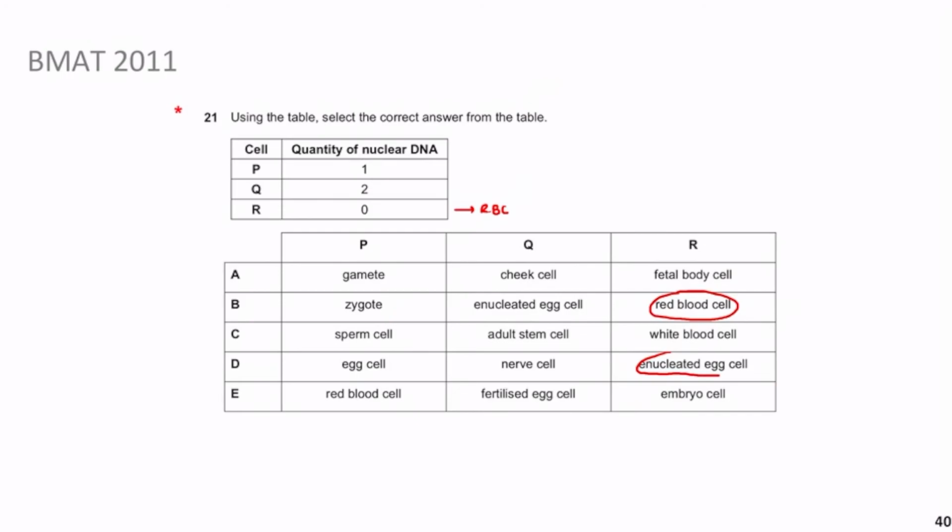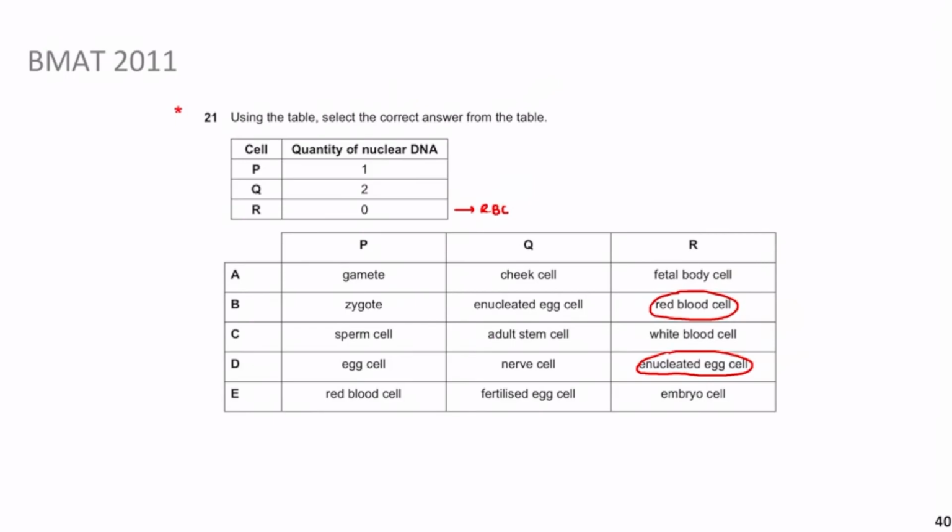I think we looked at a question before in one of the previous videos about Dolly the sheep, and this is one of the processes that happen when you make clones like Dolly the sheep. You take out the nucleus from the egg, and then you get the nucleus from a diploid body cell, and you fuse those two together. So this is a more artificial way of having a cell which has no nuclear DNA. So that one can obviously be the case.